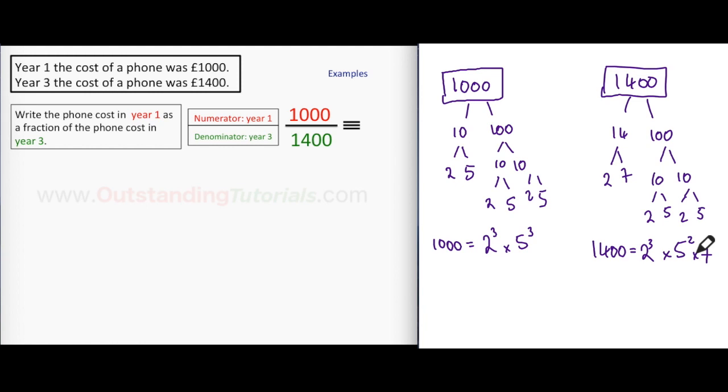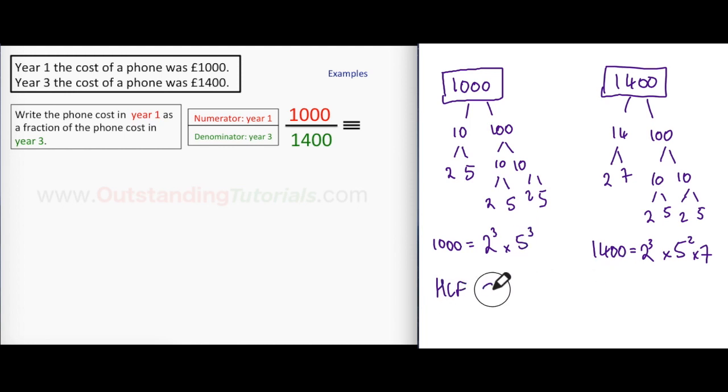So, if that's both numbers as a product of prime factors, then let's look at the highest common factor. The highest common factor will be the primes in both.